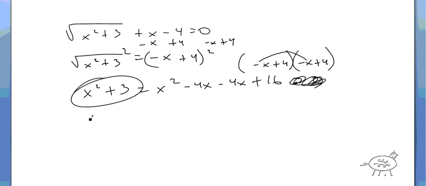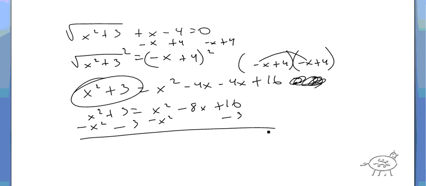So let's combine like terms. X squared plus 3 equals x squared minus 8x plus 16. So let's subtract x squared and subtract 3. The x squareds cancel, and I have 0 is equal to negative 8x plus 13.